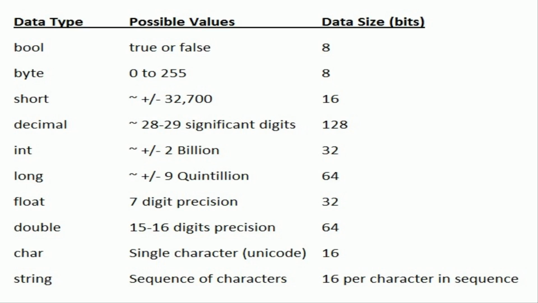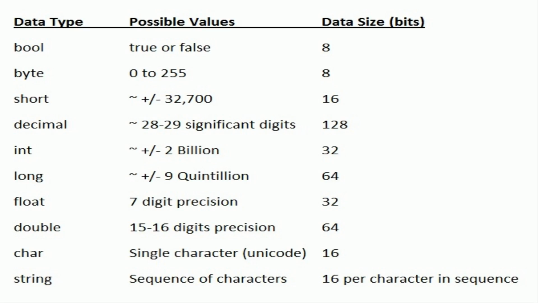Possible values are listed to the right of that, and the data size in bits is just showing how many bits of memory it takes to represent that data type. So just being aware of the size of the memory types also is important when you're writing code, to make sure you're not overutilizing memory when it's not needed.